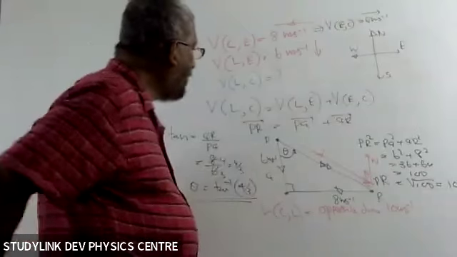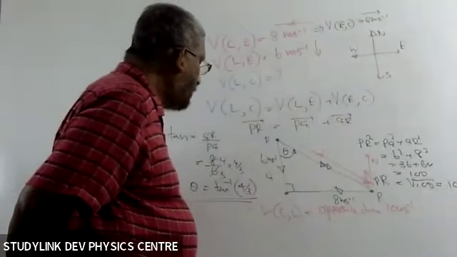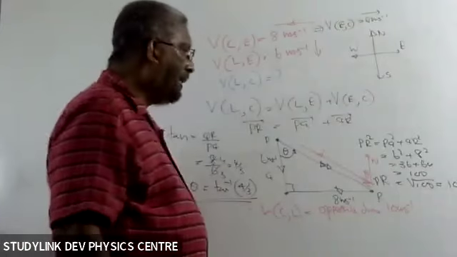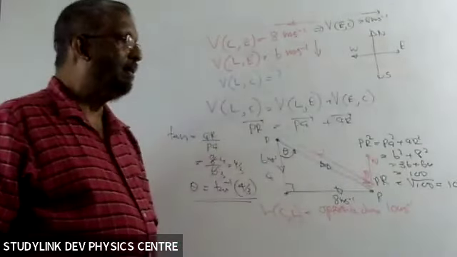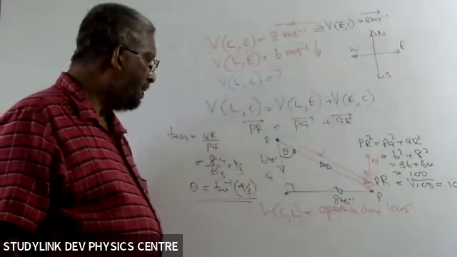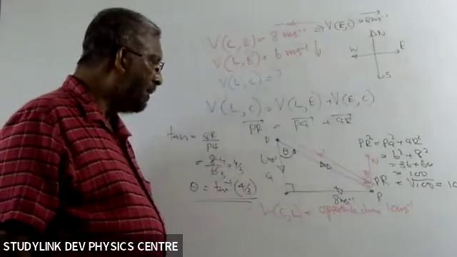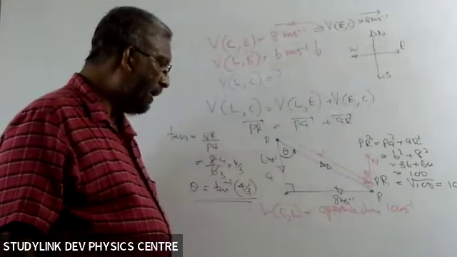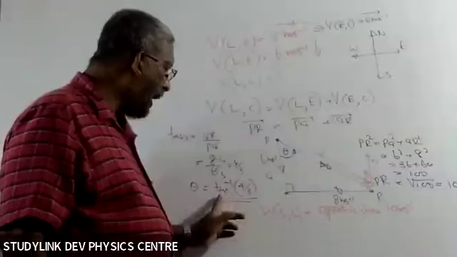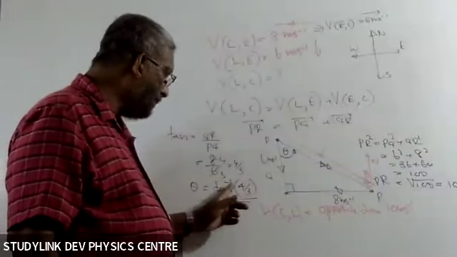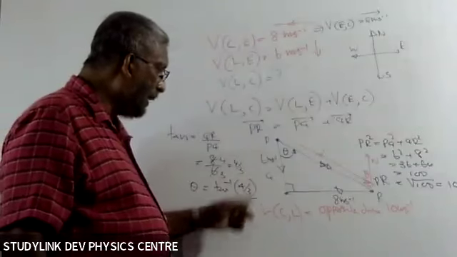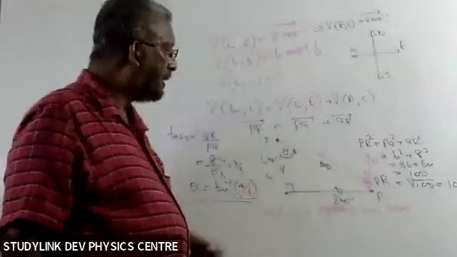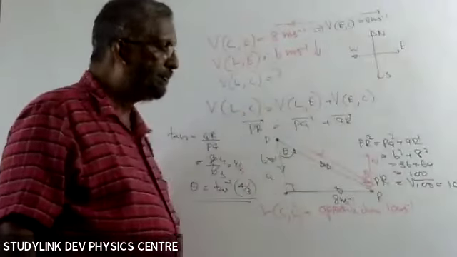Then write, velocity of the car relative to the lorry is 10 ms minus 1, making an angle of tan inverse 4/3 from south towards east.